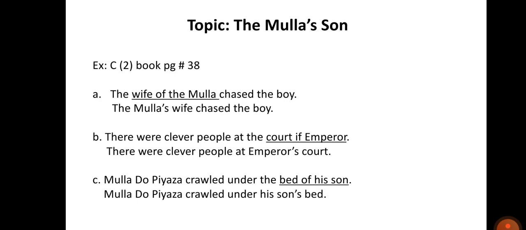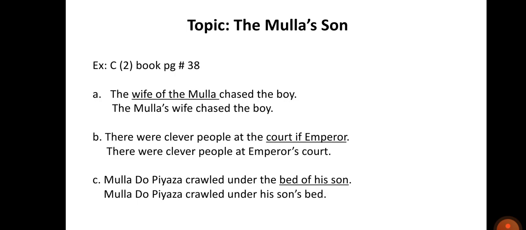Next one is Mullah do Piazza crawled under the bed of his son. Here, instead of writing bed of his son, we are just going to write his son's bed.